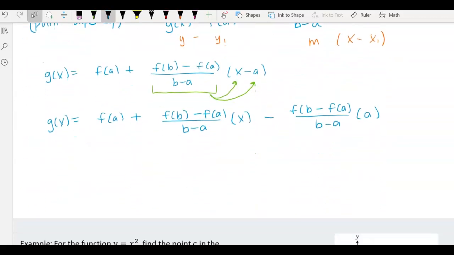Okay. So let's let h of x equal f of x minus g of x. And then what I'm going to do is take what I have for g of x up here and substitute that in.